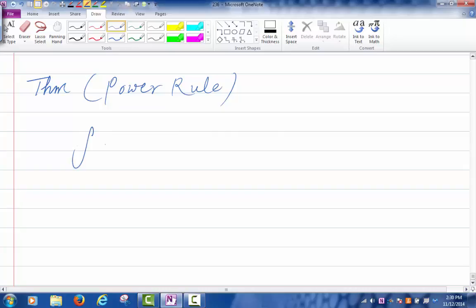If I am taking the integral of x to the r dx, that's the same as 1 over r plus 1 x to the r plus 1. But this works for any real number r except for negative 1. So if r is negative 1, this rule does not apply.